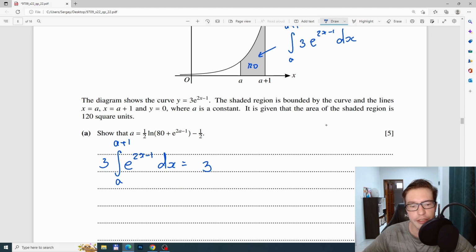Keep 3 outside, then the integration of e is easy, it's just e to the power of 2x minus 1 itself, and then to compensate for the chain rule, don't forget to divide by 2. And that goes from a to a plus 1.